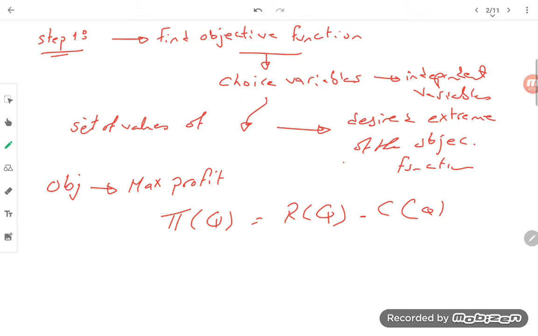So the objective function, or the point under consideration, is maximum profit.